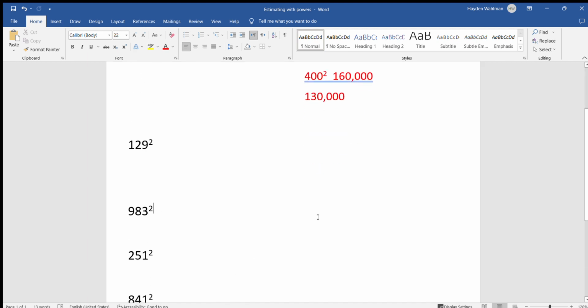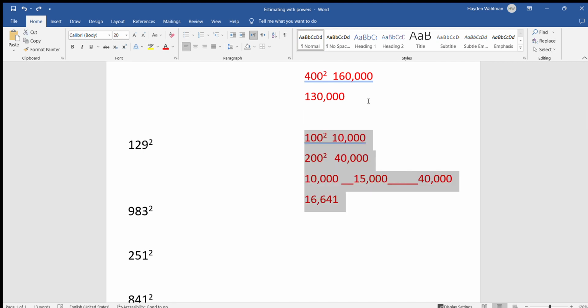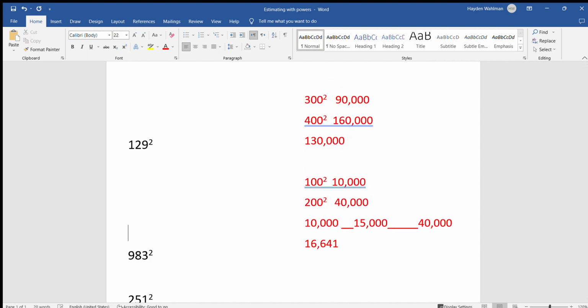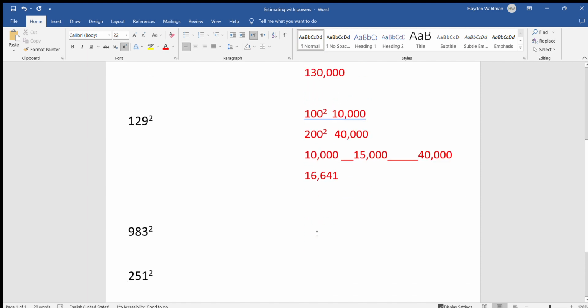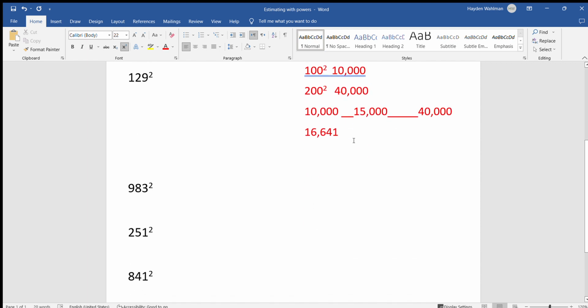So what about this? 983 squared. Well, let's look at the base and do the upper and lower boundaries. The lower boundary of 983 would be 900, and the upper boundary would be 1,000, right?